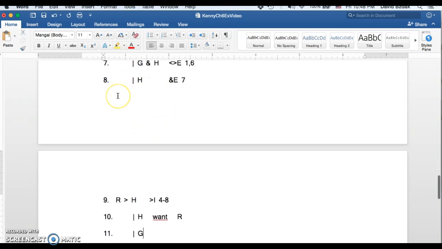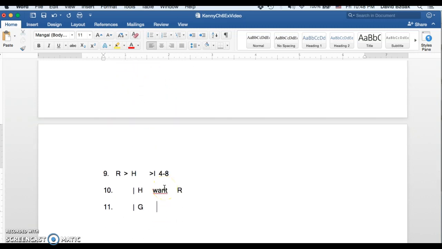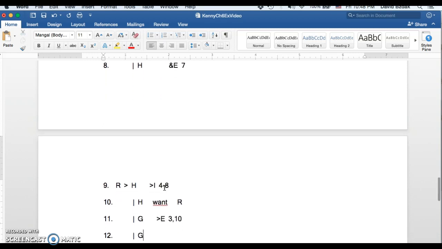So we get G by 3, 10, conditional elimination. Then we put them together, G and H by conjunction introduction, 10, 11.